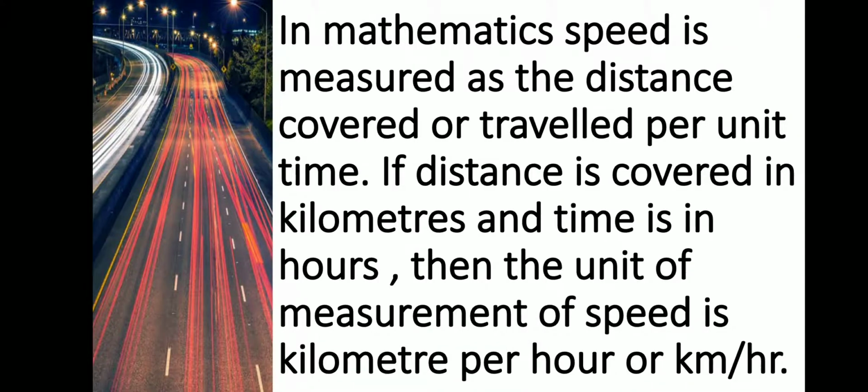In mathematics, speed is measured as the distance covered or traveled per unit time. If distance is covered in kilometers and time is in hours, then the unit of measurement of speed is kilometer per hour, or it is represented as km per hour.